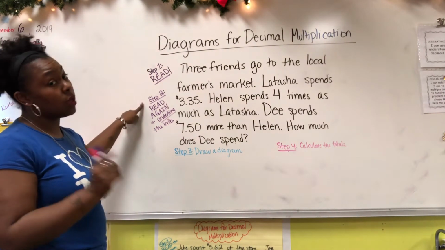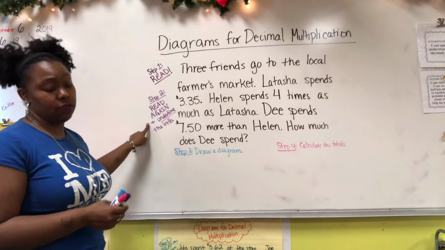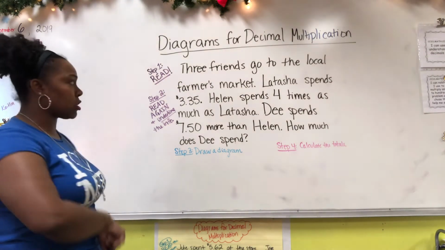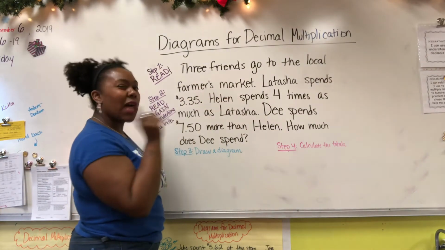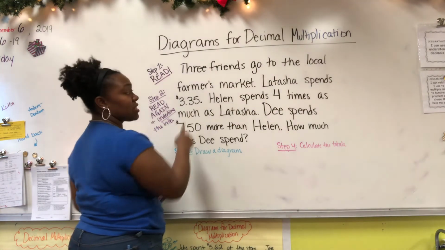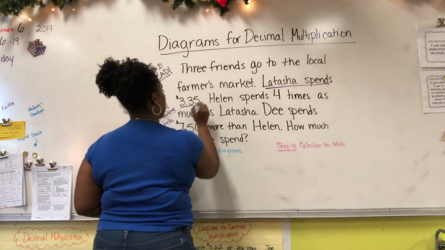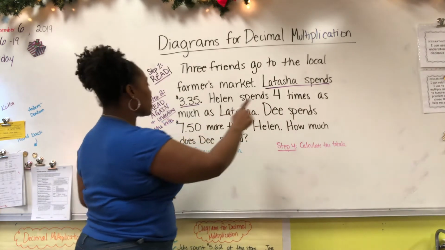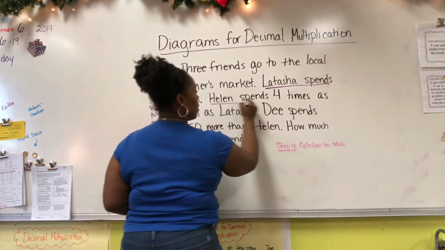Well, step 2 is going to sound a little familiar. Read it again and start underlining the information. Okay, so I have my marker. I'm going to start underlining. 3 friends go to the local farmer's market. Not information that helps me. Latasha spends $3.35. That helps me. Helen spends 4 times as much as Latasha. That helps me.